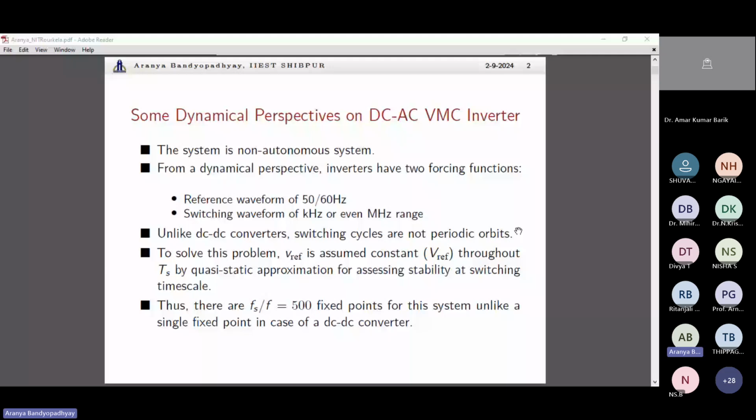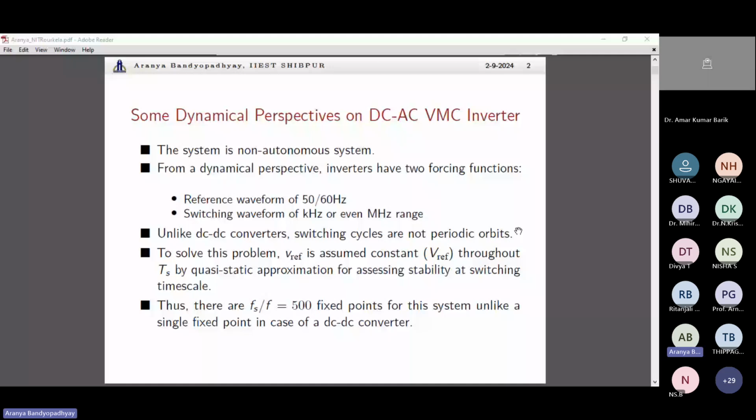Why? Because when we are analyzing stability of periodic orbits, we will see that it goes through, say for the case of the buck converter, two linear time invariant subsystems. Why?